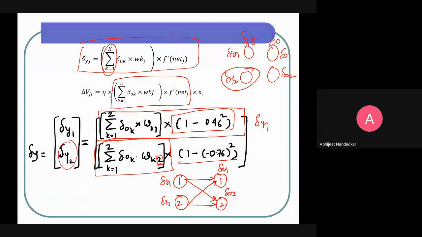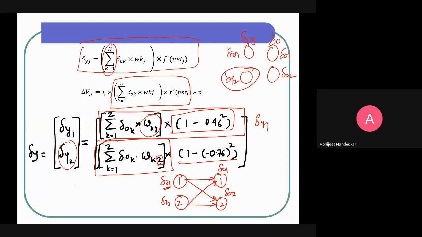Now see what is happening here. To compute, say, delta y1, what I am doing is taking wk1, where k is from 1 to 2.